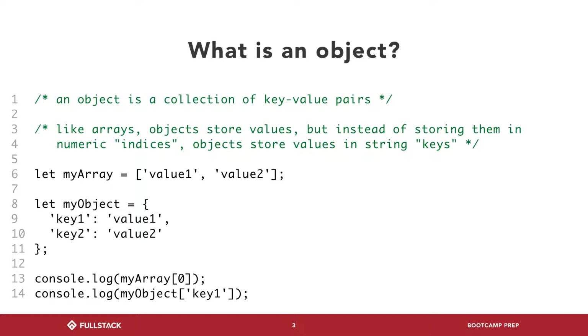Something to keep in the back of your mind: indexes in arrays are always numbers because they're positions. Keys in objects are always strings. Always strings. You cannot have a boolean as a key. You can't have an object or an array as a key.